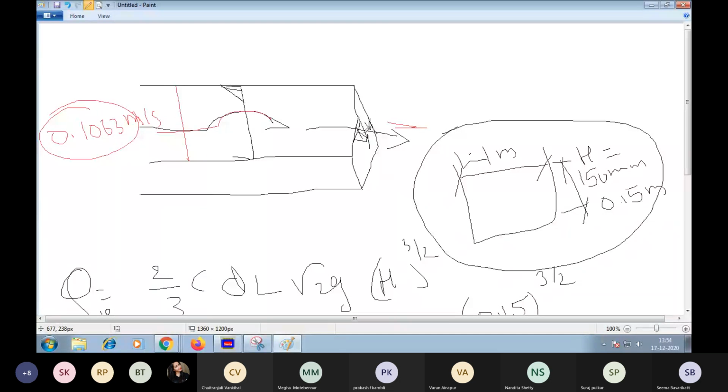How much quantity of water will be flowing through this triangular weir? Once it comes in contact with the rectangular weir, it passes through the rectangle and then passes through the triangle. If you take this as an input, what will be the output? How much will it be?